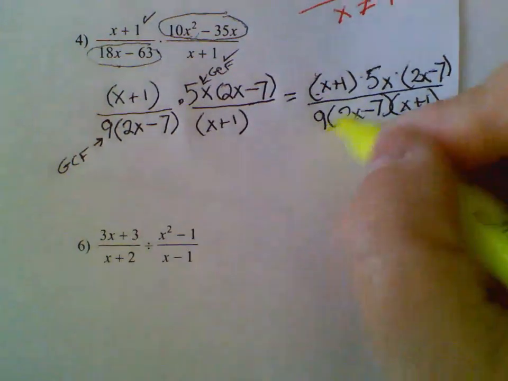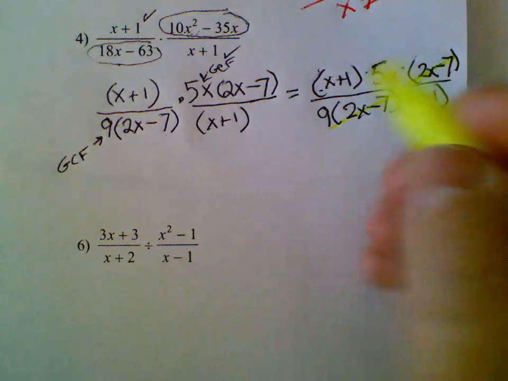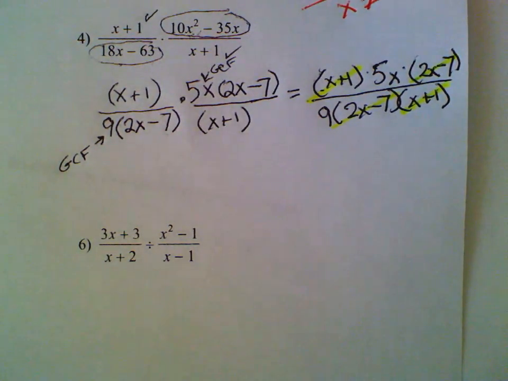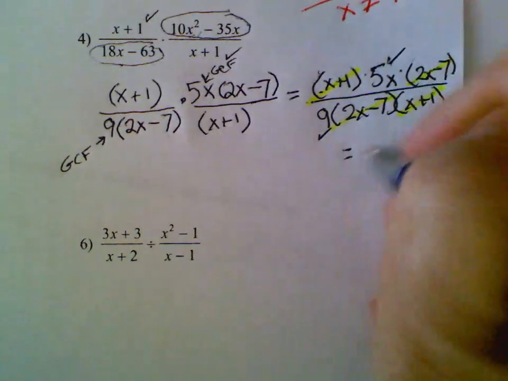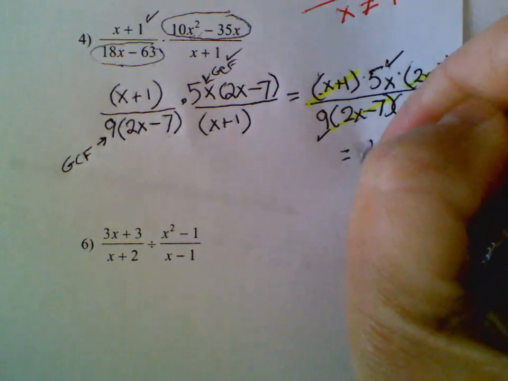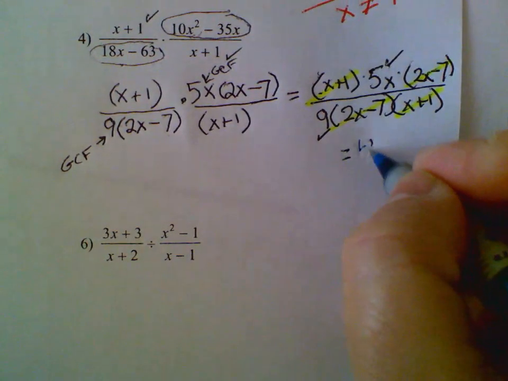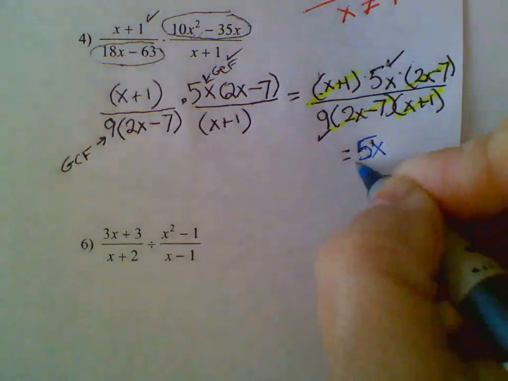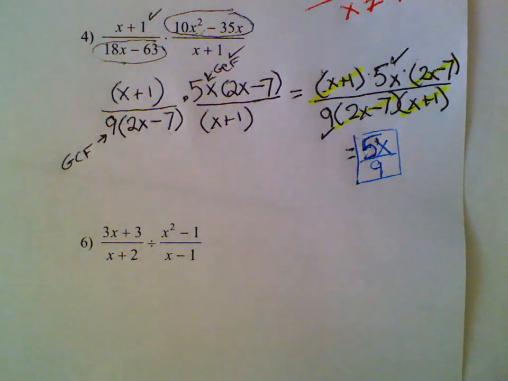Next step, look for anything that will cancel. So my 2x minus 7 cancels, and also my x plus 1 cancels. So what does that leave me with? I have a 5x, and I have a 9. So that is 5x over 9 is my final simplified answer.